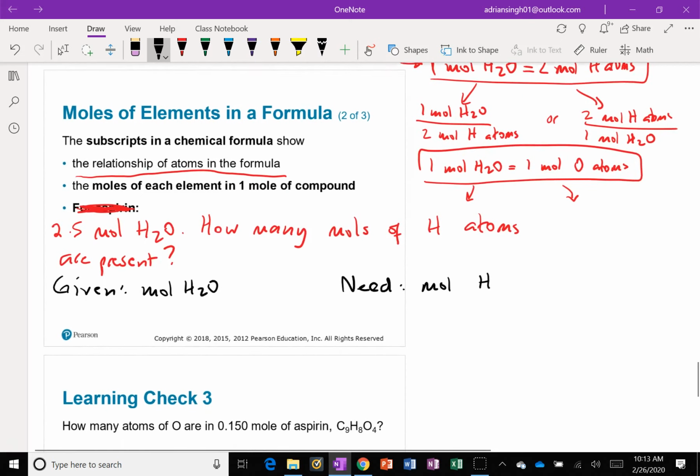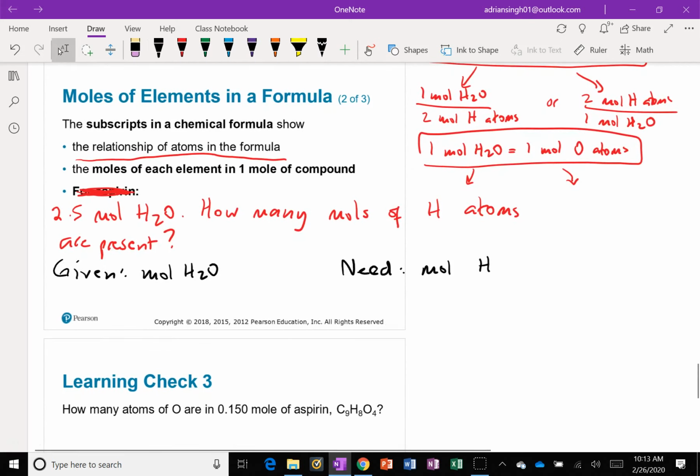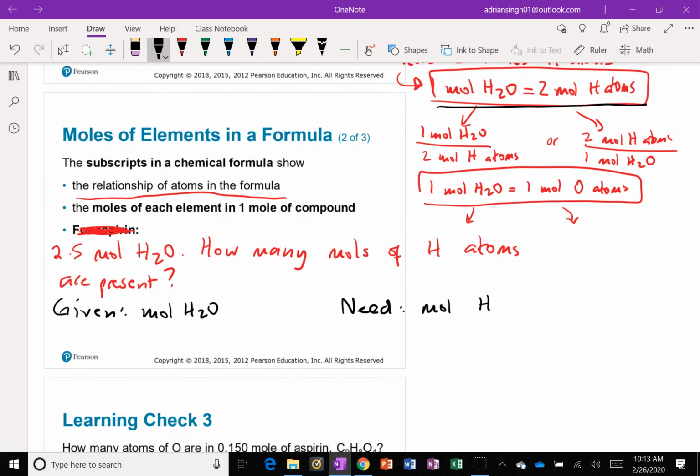So in other words, we need a relationship between H2O and hydrogen. Right, where do you get that relationship from? The equality, which comes from the chemical formula, right? Which we just generated up here. Right, that's our relationship between the water and the H. We just look at the subscripts.